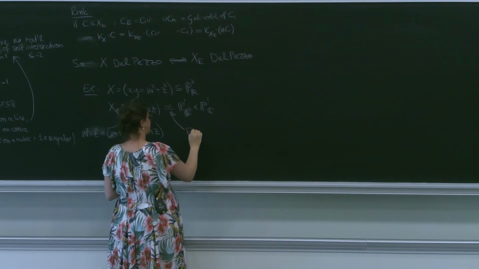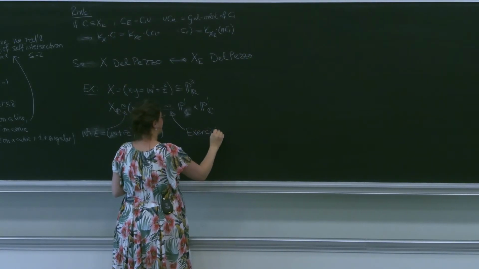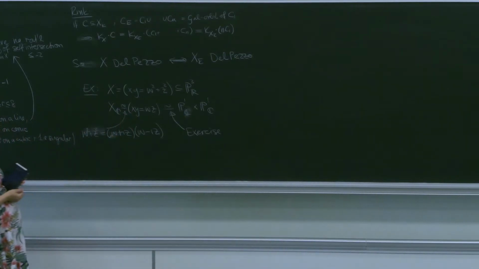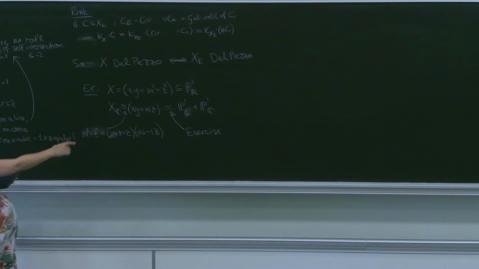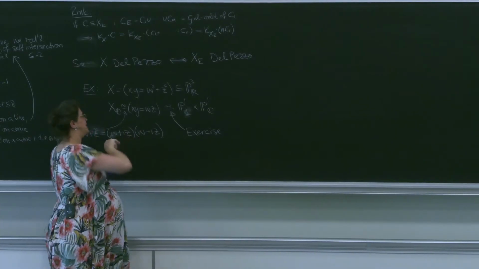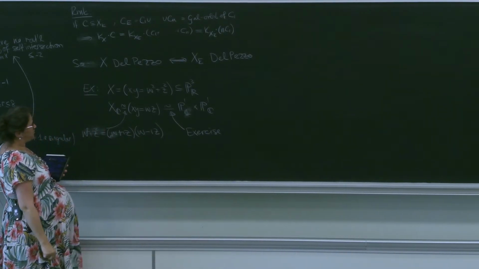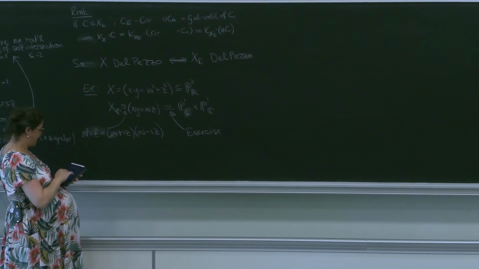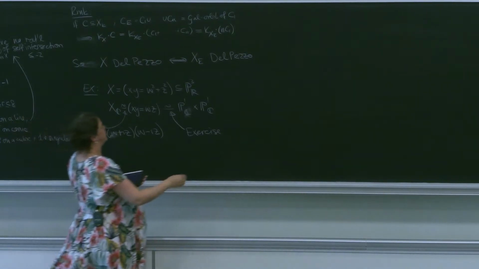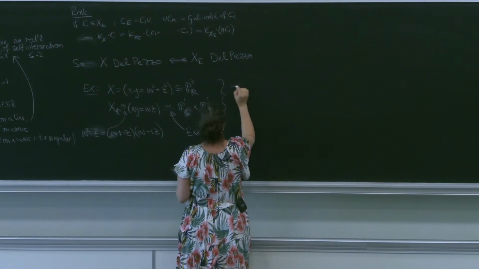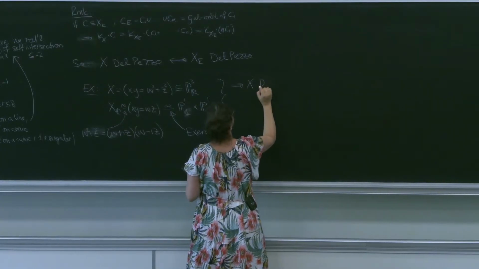If you haven't seen this, this is an exercise. You can find the isomorphism explicitly. All right, so X is del Pezzo.